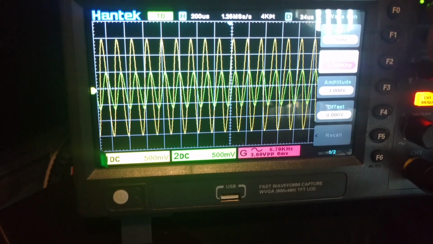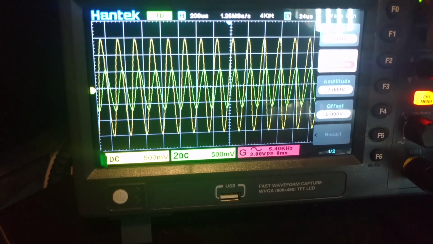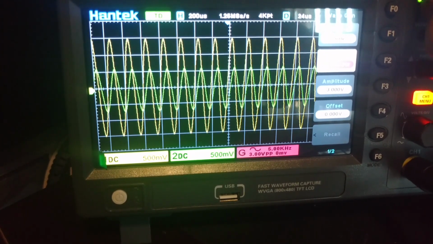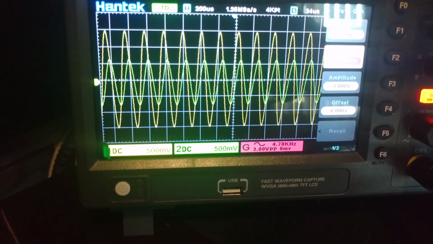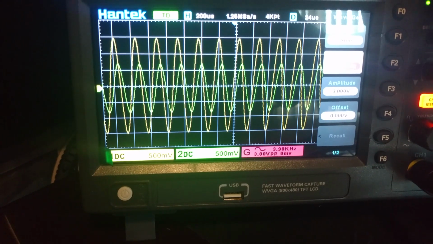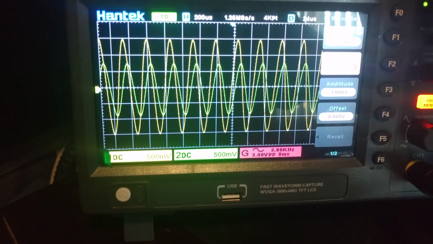So what you would want to do is plot some points at different frequencies to see what the curve of the voltage across the capacitor looks like.